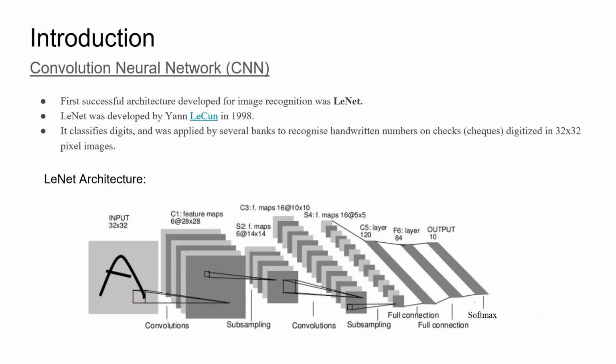Let's say it's 3x3, then you'll have 9 numbers randomly chosen for the first table, 9 for the second table, 9 for the third, and so you have 6 such randomly numbered tables, right? Then each of those 6 tables will be convolved with this 32x32 input.